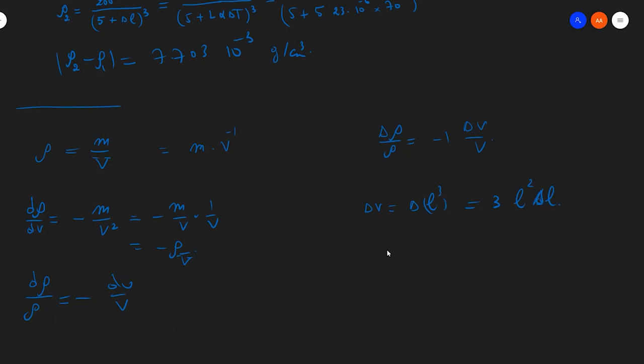If you change, delta rho over rho will be minus 3 L squared delta L over L cubed, and this will give you minus 3 times delta L over L. So you have rho, and delta L you calculate. This one is minus 3 alpha L delta T over L, the L simplified. So delta rho is equal to minus 3 alpha rho delta T.